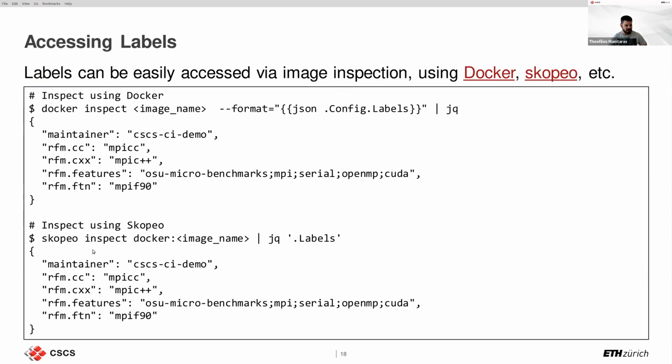With Skopeo, you can even inspect an image without first downloading it. So here I inspected the Docker image and directly I have my labels here. This is very useful because you might have many different images and you want to inspect the metadata of these images without even needing to download them in the first place.